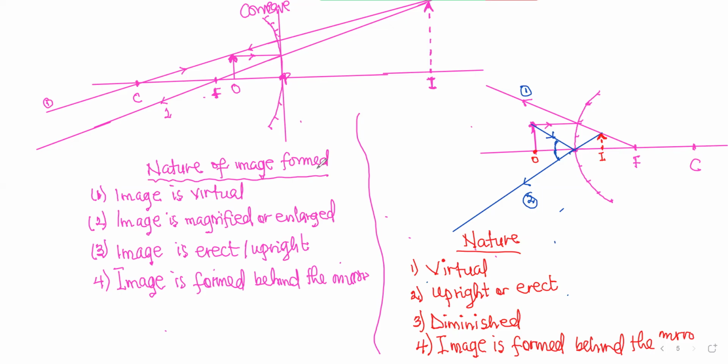Yes, if we ask your question. Sir, please, can you say image is formed between P and F? Here, no, because a convex mirror would always form a virtual image.